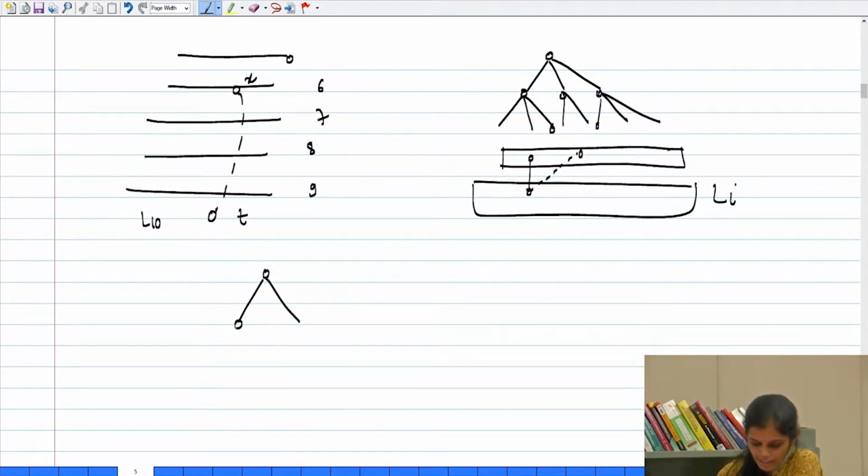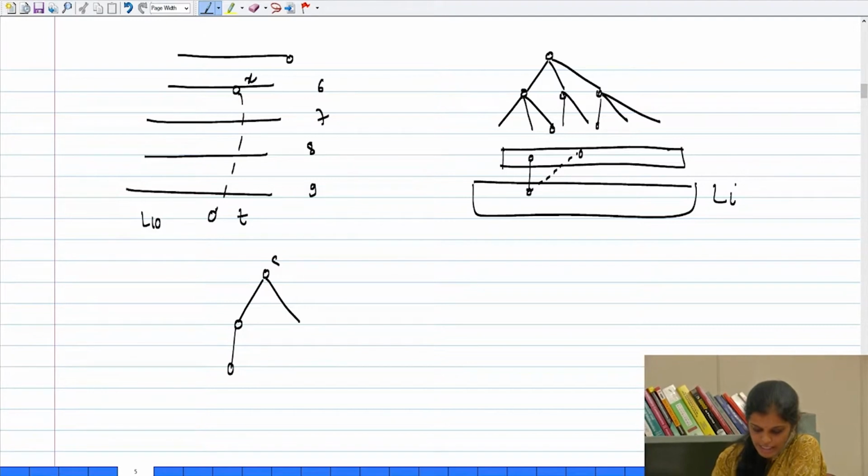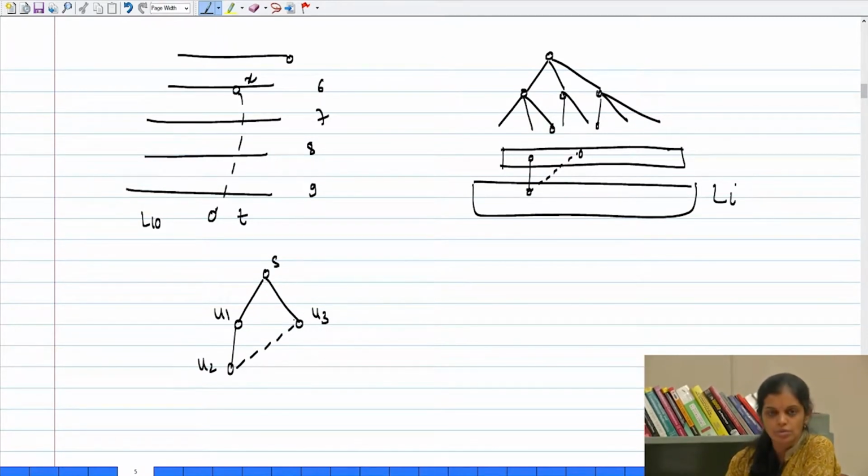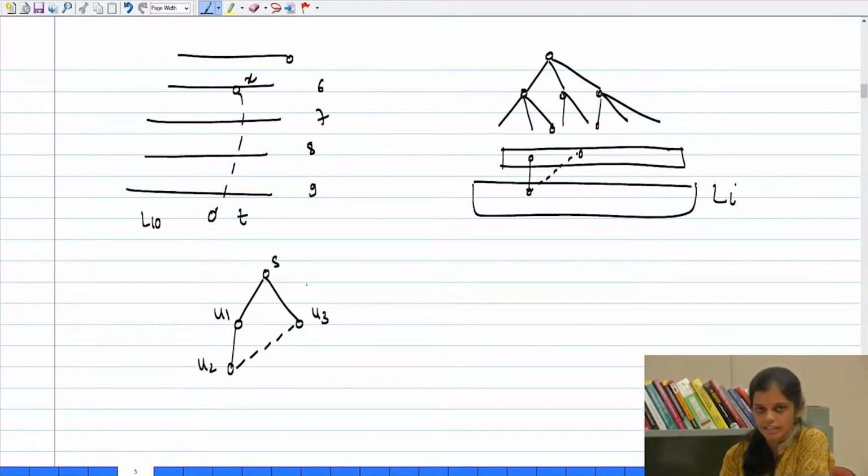If I had this graph, I would have put S, U1, U2, and then as I said, U1 and U3 would have been explored first and they would have been put in layer 1, and then if this edge U3, U2 was there in the graph, it would have been explored, but we would not have done anything because this vertex is already explored. So these edges can be present with respect to the layer numbering.